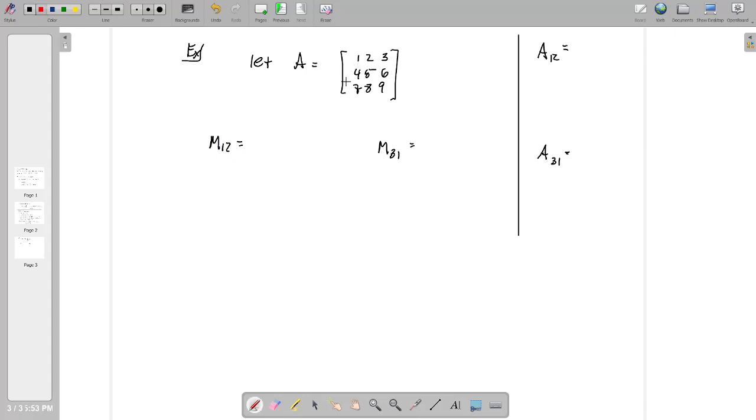So we delete the first row and second column. So the minor will be the determinant of the remaining matrix. So the remaining matrix is 4, 6, 7, 9. I'm going to go ahead and undo these two red lines. Our minor is going to be the determinant of the matrix 4, 6, 7, 9.